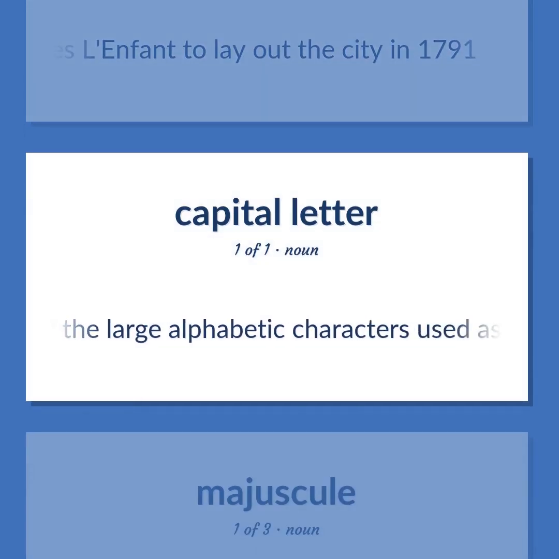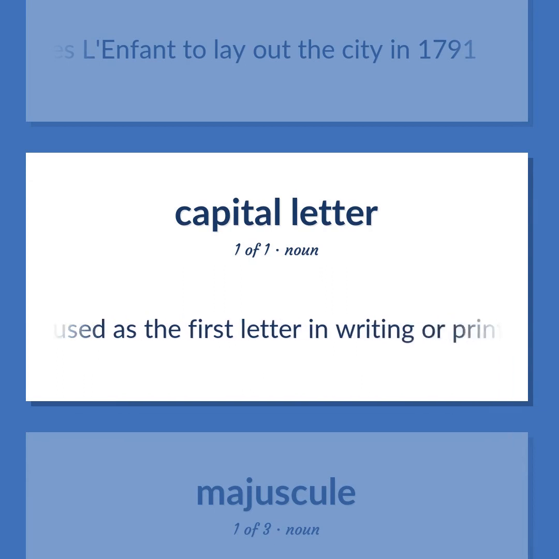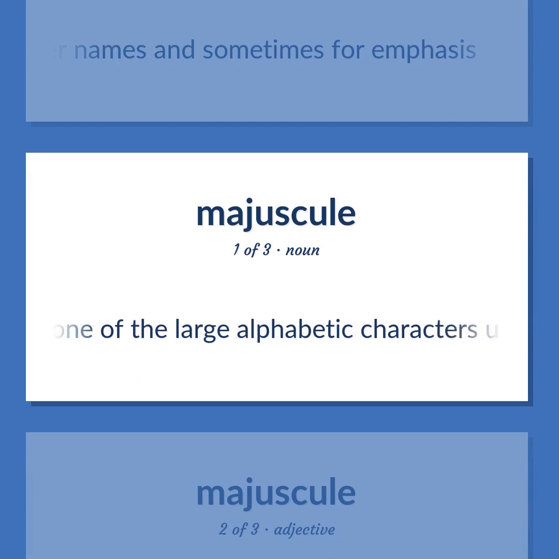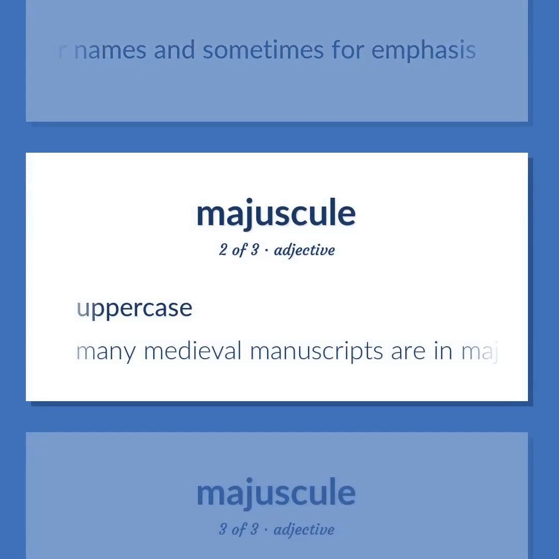One of the large alphabetic characters used as the first letter in writing or printing proper names and sometimes for emphasis. Uppercase. Many medieval manuscripts are in majuscule script.